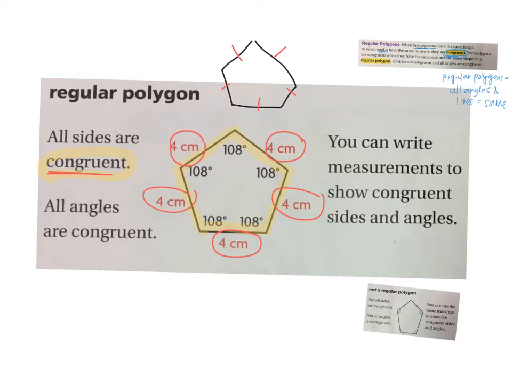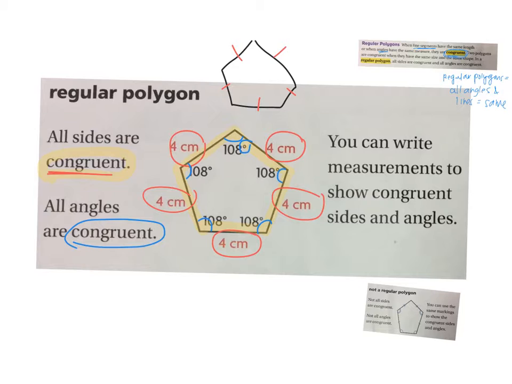In the one that's in your packet, what's the measure of this angle right here? 108 what? That little sign right there means degrees, okay? What's the measure of this angle right here? 108 degrees. How about this one? How about this one? Are they all the same? They are all congruent.